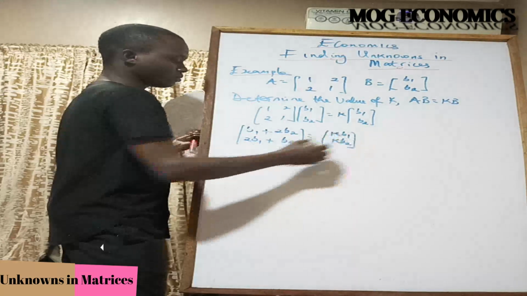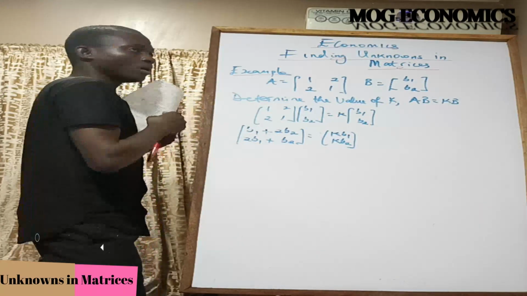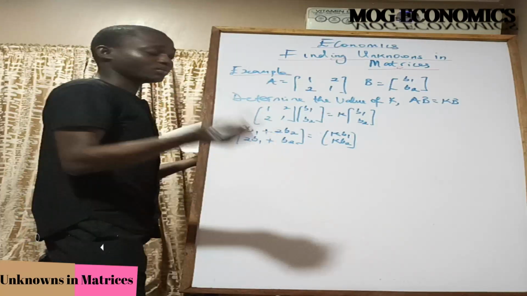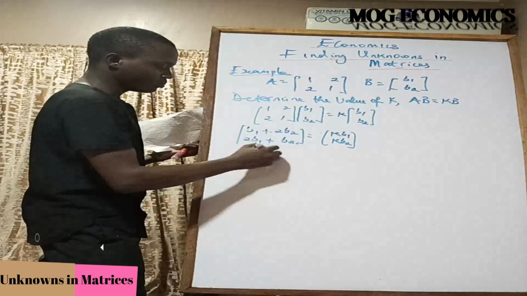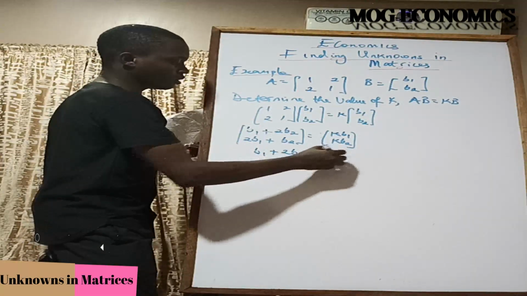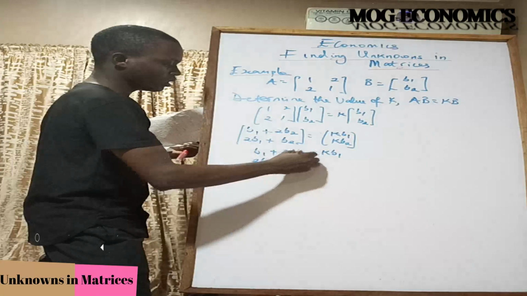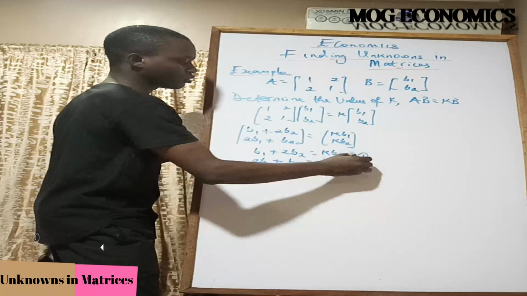So we can just say this is equal to this. B1 plus 2B2 equals KB1, and 2B1 plus B2 equals KB2. I can call this equation 1 and this equation 2.